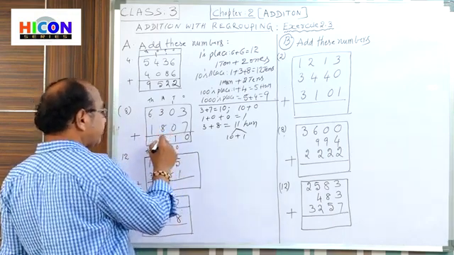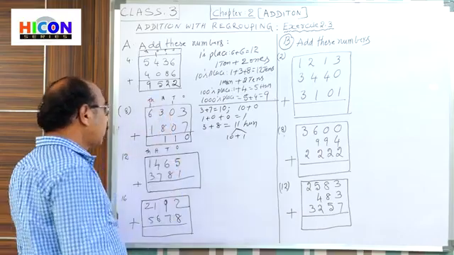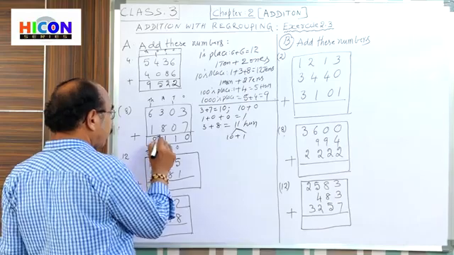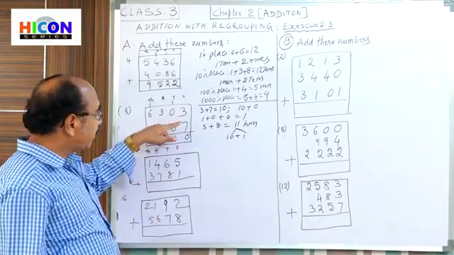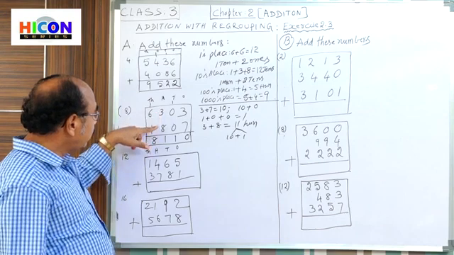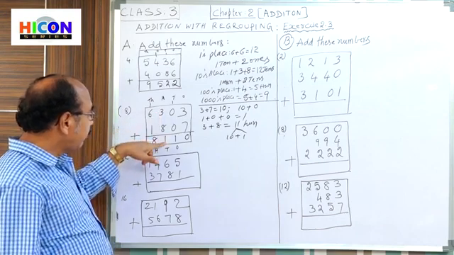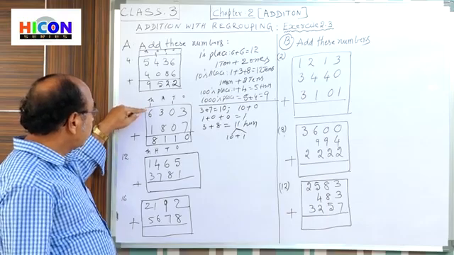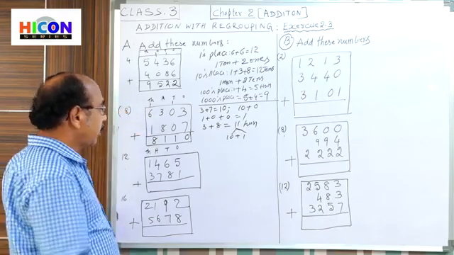Okay, chalo. Now 6 plus 1, 7, 7 plus 1, 8. Once again, 3 plus 7, 10, 0, 1 here. 8 plus 3, 11. 1 I wrote here, and another 1 I wrote in the 1000 place. Then 1 plus 6 plus 1 is equal to 8.